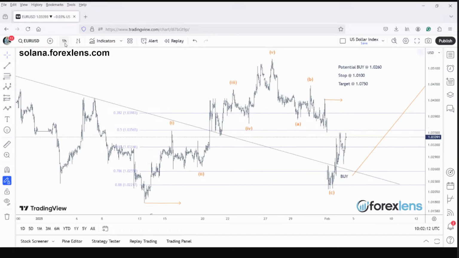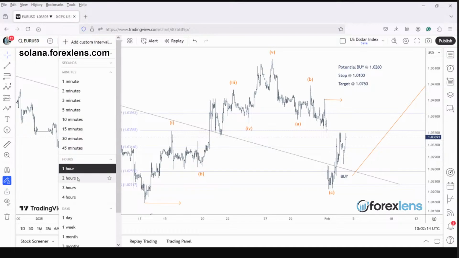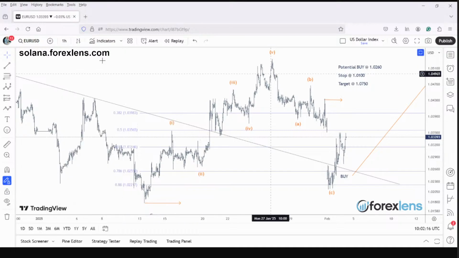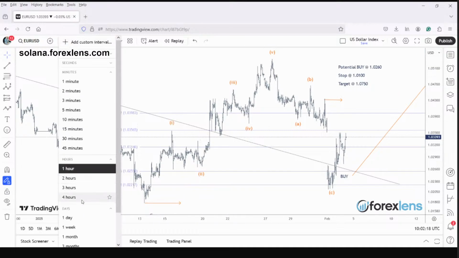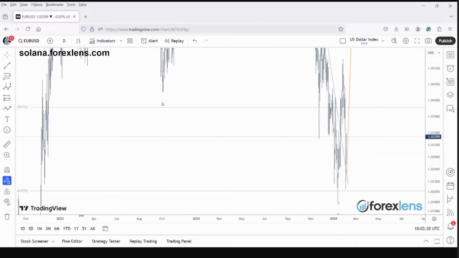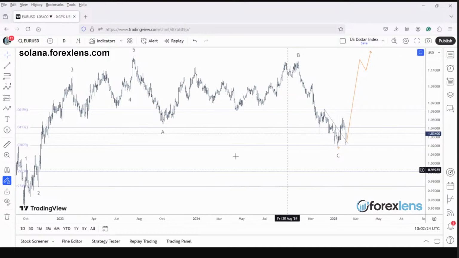We can start with a daily chart. Let me bring up the daily chart first, just in case you have missed the last sessions. That's the five-wave impulse followed by a three-wave corrective ABC, which is complete. Five-wave rally followed by three-wave corrective decline is also complete.